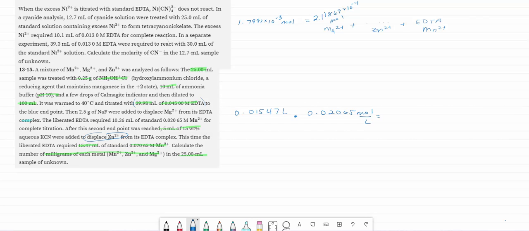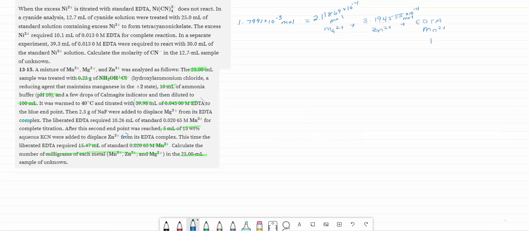So perform this calculation. And I get 3.194555 times 10 to the negative 4 moles. Again, I'm just going to give you all of my digits in my calculator. So that's the EDTA that reacted with the zinc.